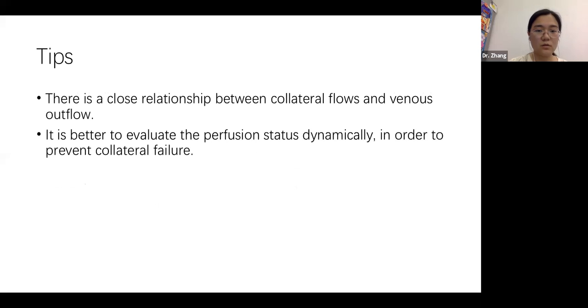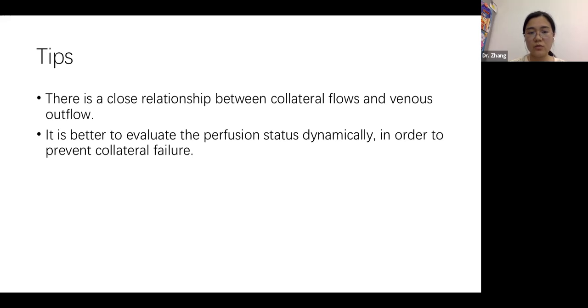Some tips for you from this patient. I think there is a close relationship between the collateral flow and venous outflow. And for this patient, because he experienced a significant change of the perfusion deficit, we need to evaluate the perfusion status dynamically.